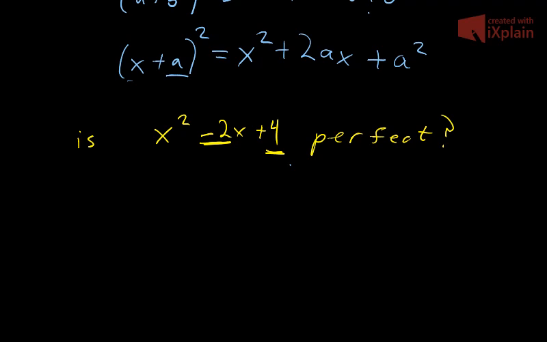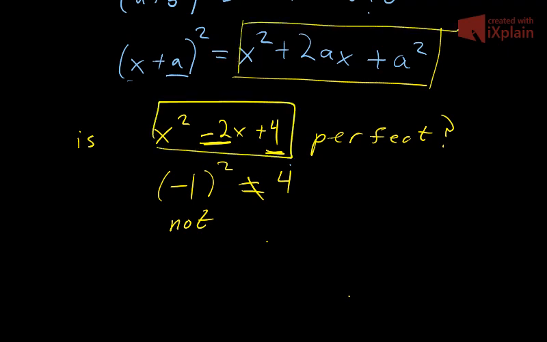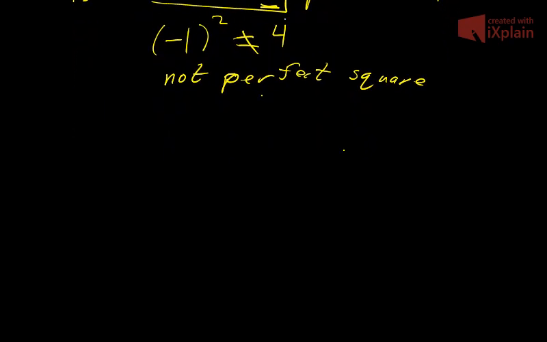Well, the thing that I would have to multiply by 2 to get to negative 2 would be negative 1, and negative 1 squared does not equal 4, so it's not perfect. This doesn't follow this pattern. So this right here is our pattern, and this does not follow it, so that means not perfect square.